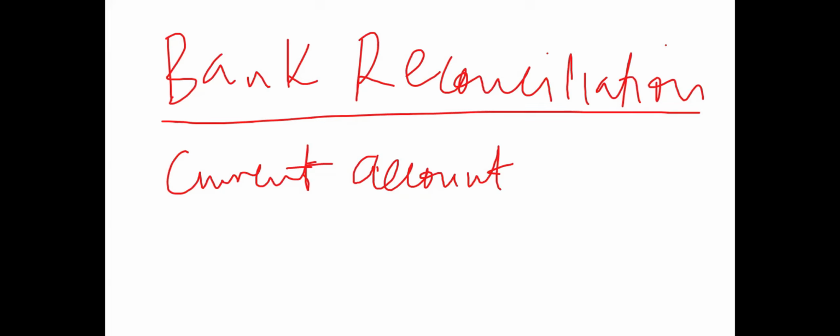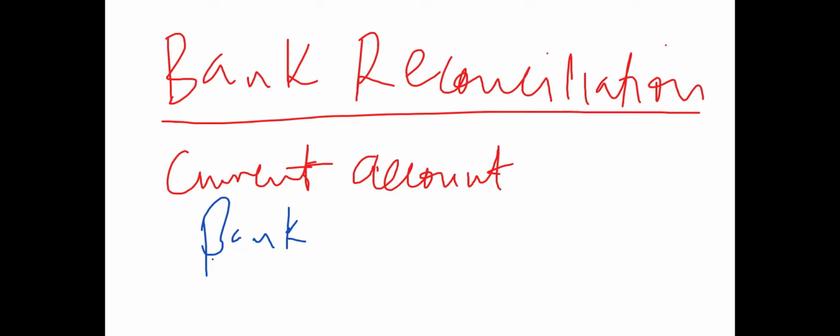current accounts with their bankers, and it is expected that at the end of every period, most especially at the end of every month, the bank column of the cash book should be agreeing with the bank statement in terms of the balances that are there. Remember when we looked at the cash book, we said the cash book has a bank column and then a cash column.